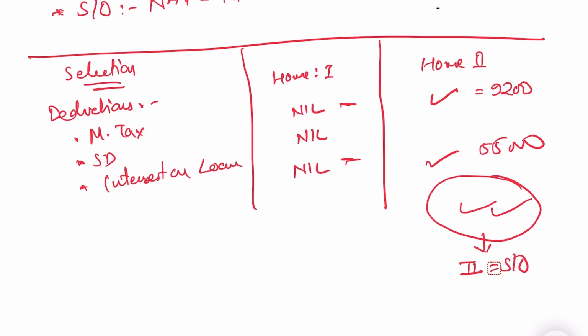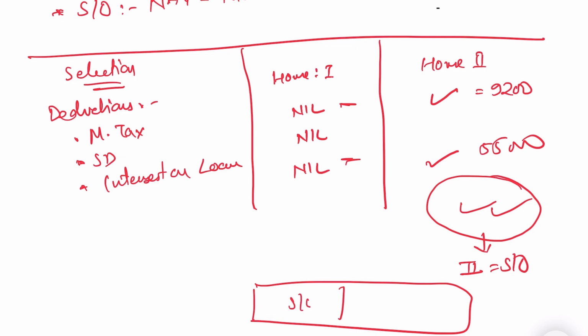Suppose you have more than two houses, three houses or four houses, then also you can apply the same technique and select the house as self-occupied or let out. Clear? What if I have two houses as self-occupied? Then the 2 lakh limit will be applicable in aggregate, that means in both combined.